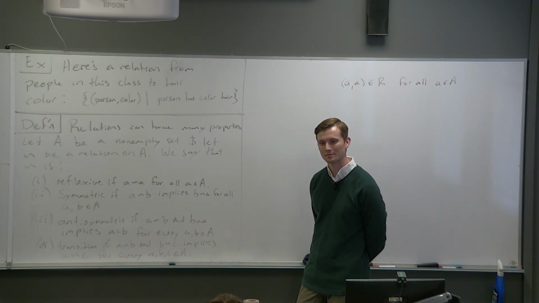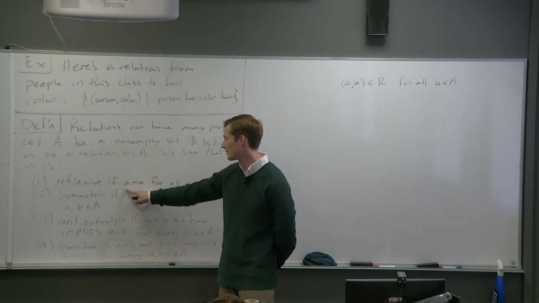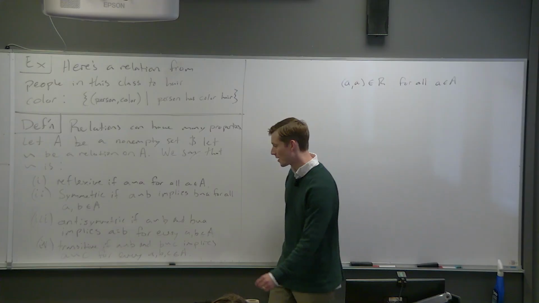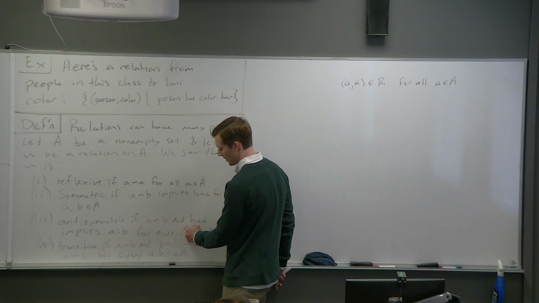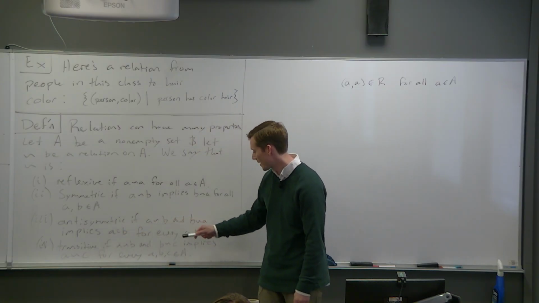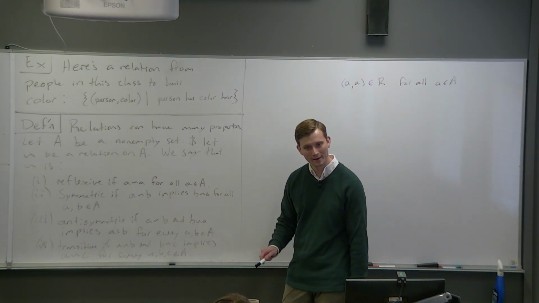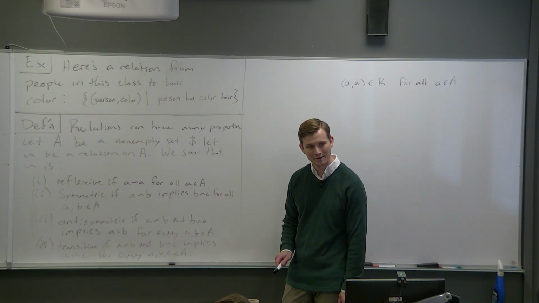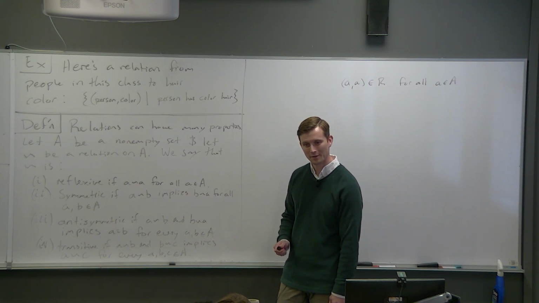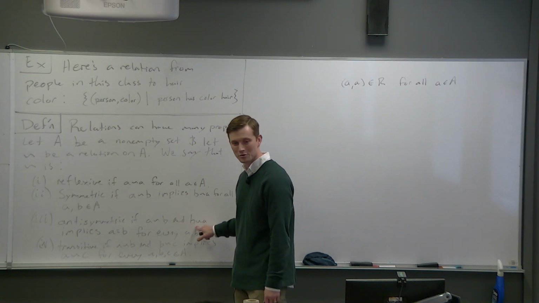What's the difference between reflexive and antisymmetric? Reflexive says that A is similar to A for all A in A. Antisymmetry says that if A is similar to B and B is similar to A, then A is equal to B, which would tell you that A is similar to A. But be careful, this is an implication. You could have something where this is never true.